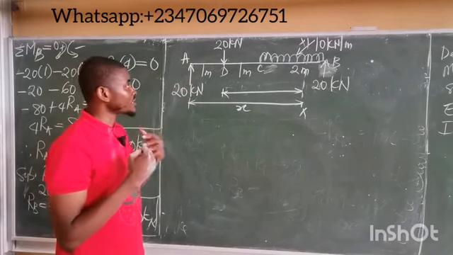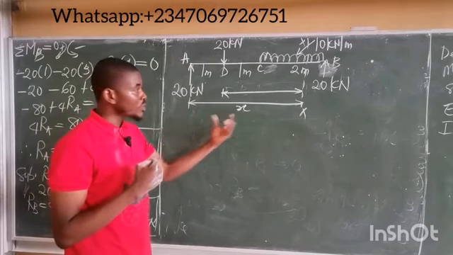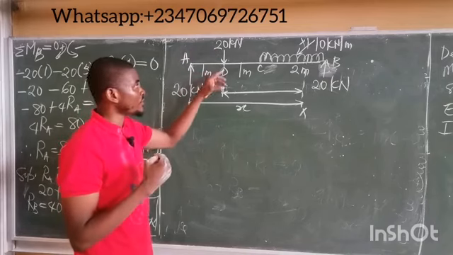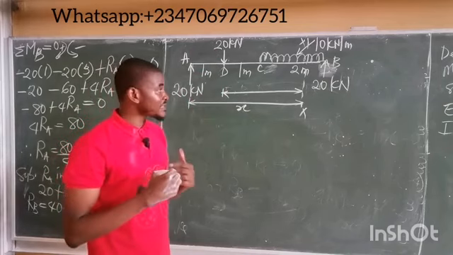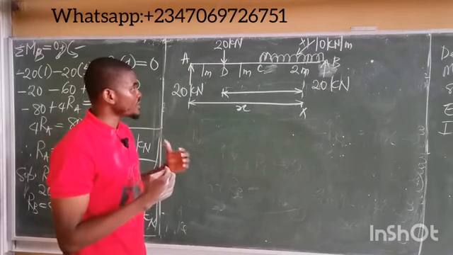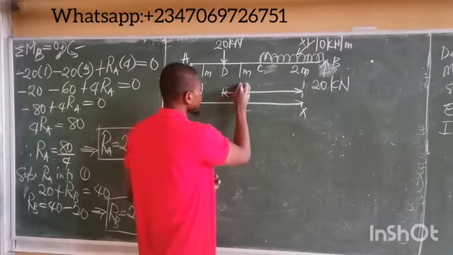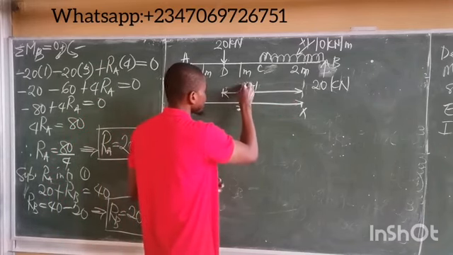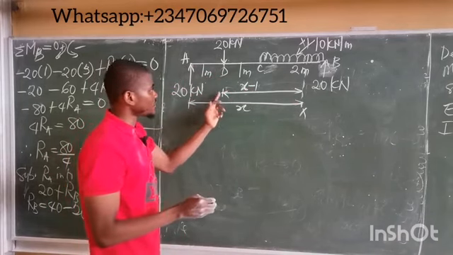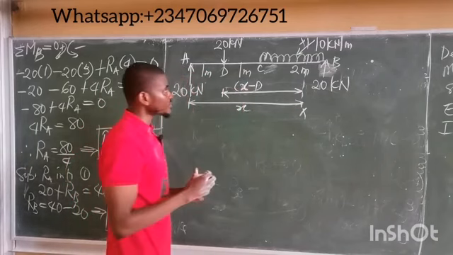Point A. So we simply remove the distance from point A to D away from X. Since I'm moving from point D to the point of section, it means I no longer need this 1 meter behind D. So that will give me the distance from point D to the point of section. And that is simply what? X minus 1, because the distance behind point D is simply 1 meter. Therefore, the distance from point D to this point of section is simply X minus 1.